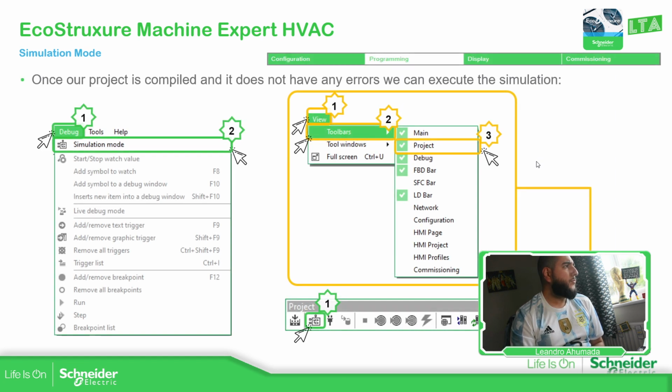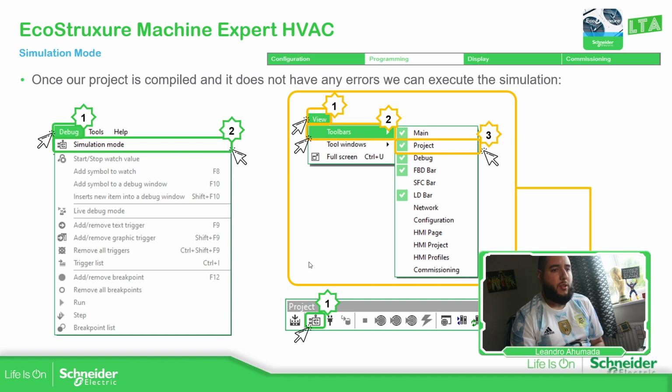In order to see this, once the application is done and there are no errors at all, we can go to Debug and then Simulation Mode to activate this simulation. This is one way to access the simulation.